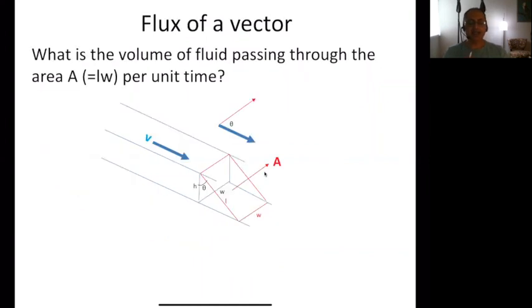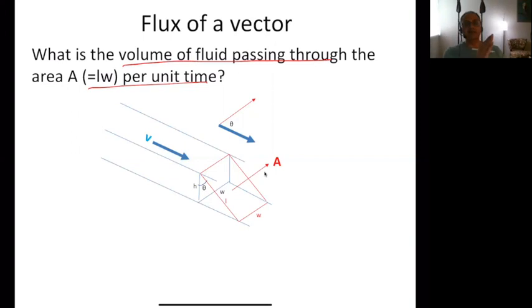Now, here is the question that we want to answer. Suppose I draw this imaginary red rectangle in the pipe, as shown over here. This imaginary red rectangle has an area A, a width W, and a length L, and it's like this in the pipe. I want to find out what is the volume of fluid that is passing through this area per unit time.